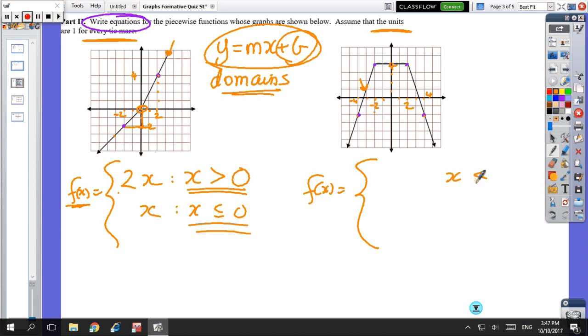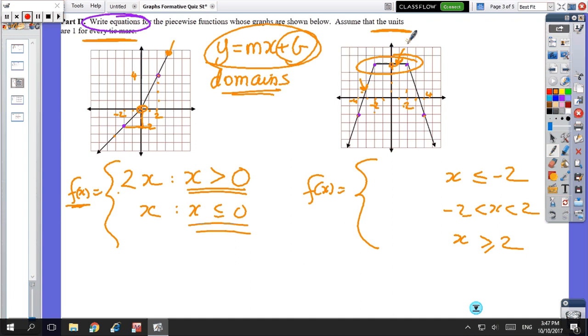Now these all join up smoothly, so it doesn't matter if you have an equal sign or not. So x less than or equal to minus 2 is the first line. Between minus 2 and 2 is this line, and we won't have an equal sign here, since we've already used it. For x greater than or equal to 2 is the last line.